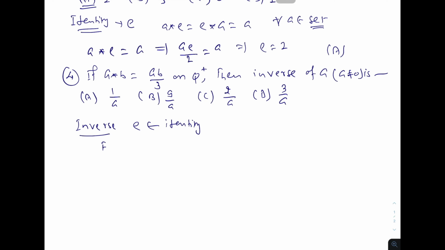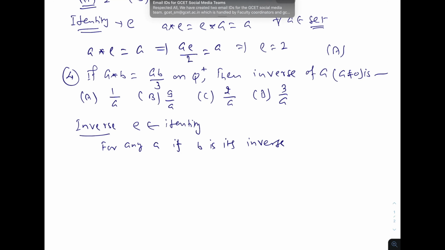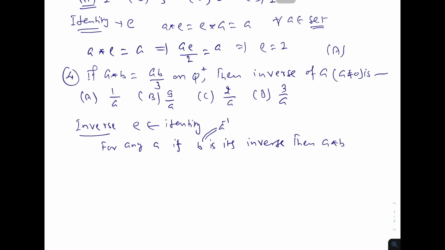Then for any A, if B is its inverse, that means B is A inverse, then A star B equals B star A equals the identity.